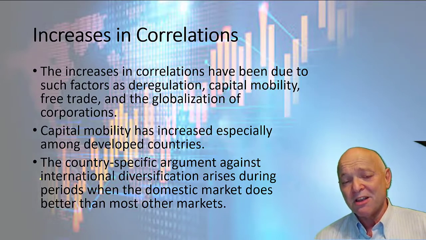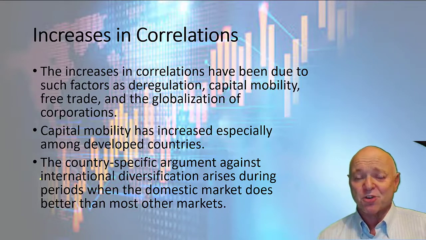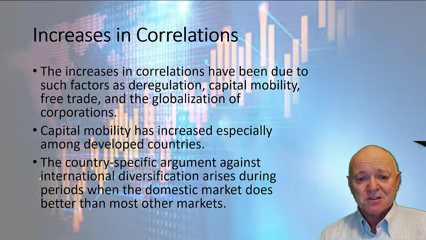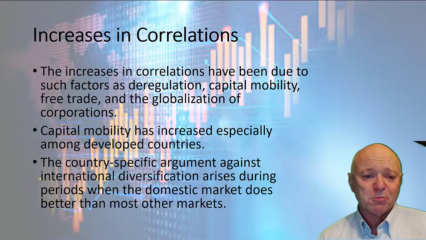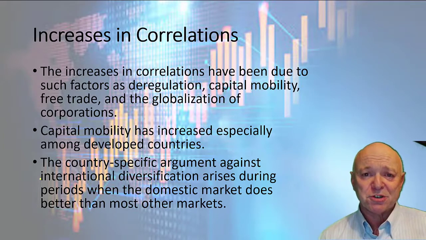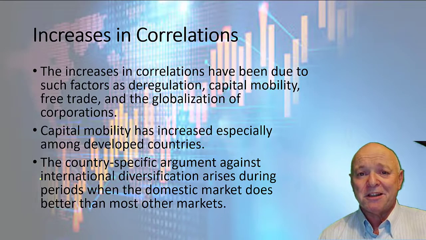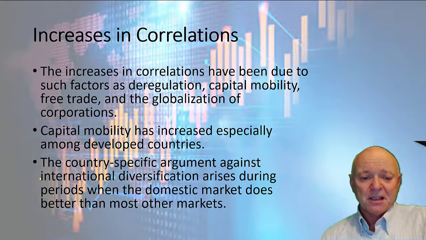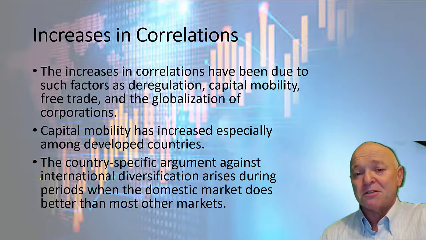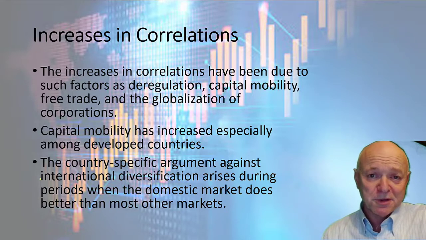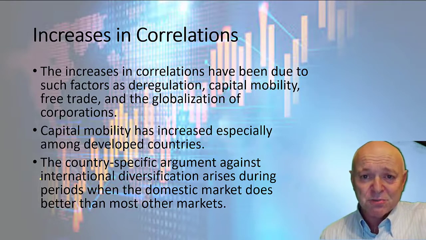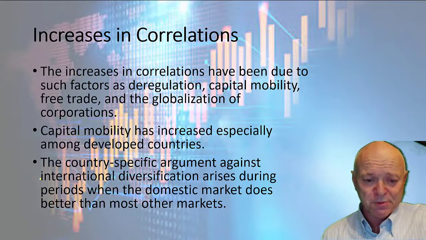There are still far from perfect correlations across classes of assets and markets, but it's not quite as great a benefit as it used to be. Things like deregulation, capital mobility, free trade, and globalization of companies have all been some of the causes of this increase in correlation. And we see that decreases in barriers to movement of capital across borders created capital mobility, which also means that the money tends to follow the best opportunities.